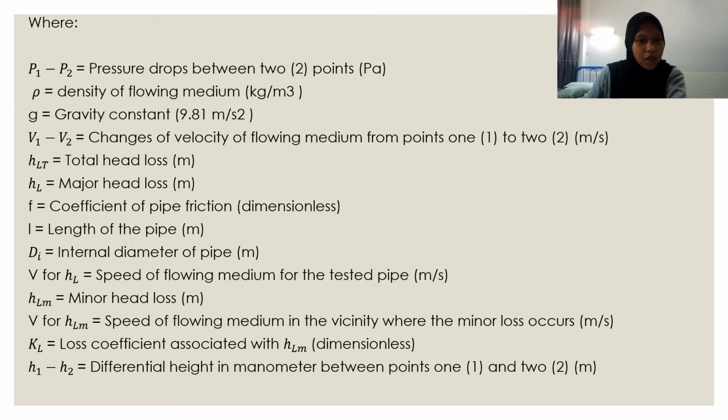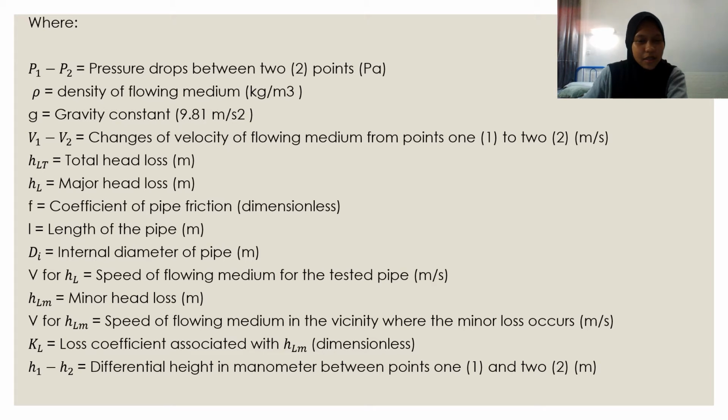HLT is the total head loss, the unit is meter. HL is the major head loss, unit also meter. F is the coefficient of pipe friction, which is dimensionless. L is the length of the pipe in meters.